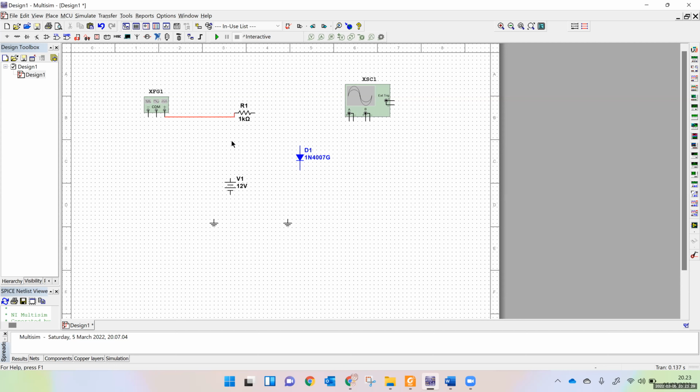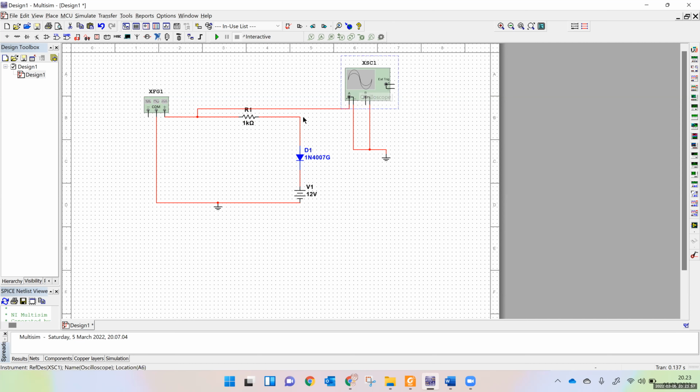First of all, connect the positive side here, and then here, and then this one to this one, and common to here, and this one goes here. Then let's make these two sides ground, and let's connect the input here and connect this here.